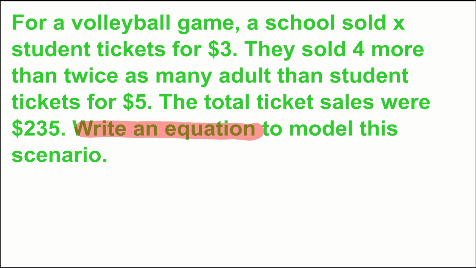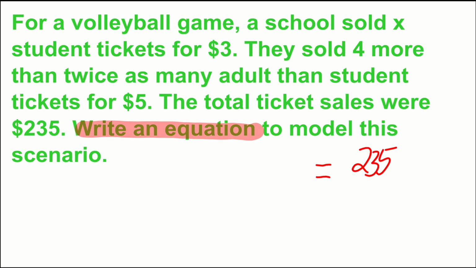So what we got here, for a volleyball game, school sold X student tickets for $3. They sold 4 more than twice as many adult than student tickets for $5. Total ticket sales were $235. So we just got to piece together what we know. First off, what's our total? 235. So we got 235 there as our total.